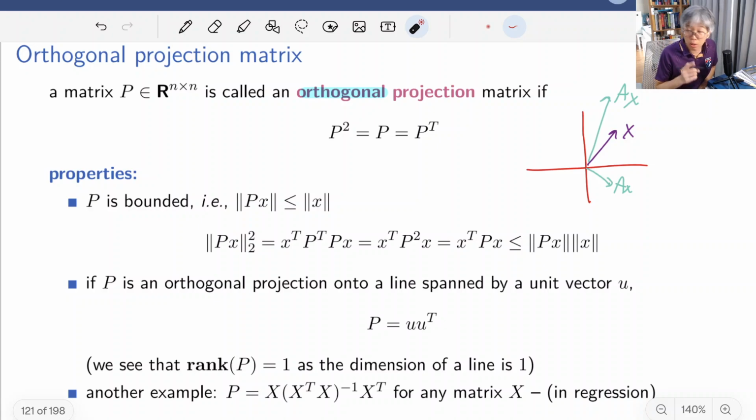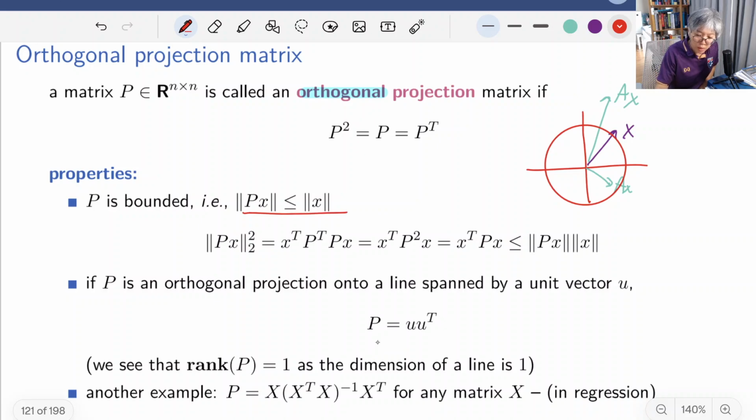But when P is an orthogonal projection, we can prove that the norm of Px is always smaller than the original one. So if I draw the circle, any vector in the circle has a norm no larger than that of x.